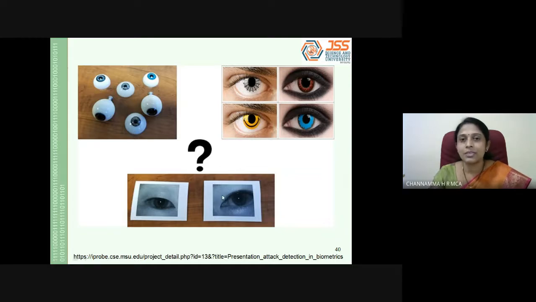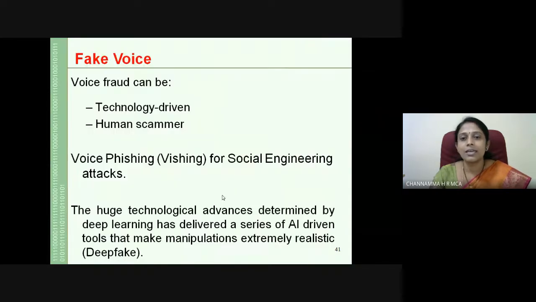Iris is a very important biometric, right, used in airports and elsewhere, and it is very difficult to counterfeit. Even then, in some cases it has happened. And fake voice is usually generated by technology, or a human can also imitate the voice of others.